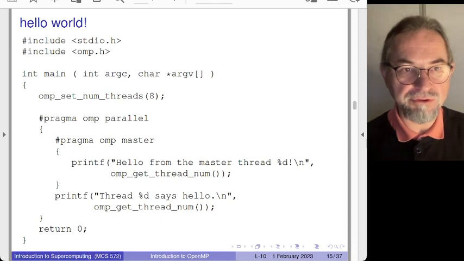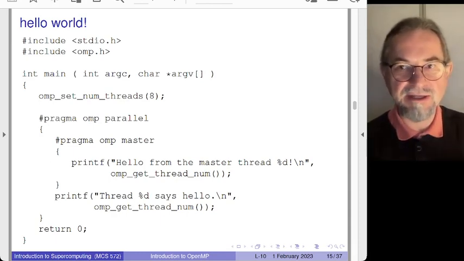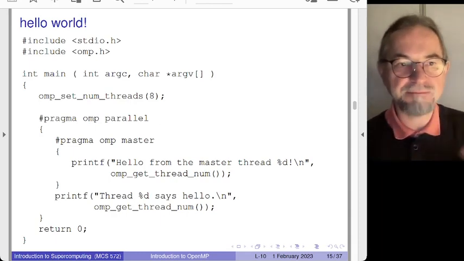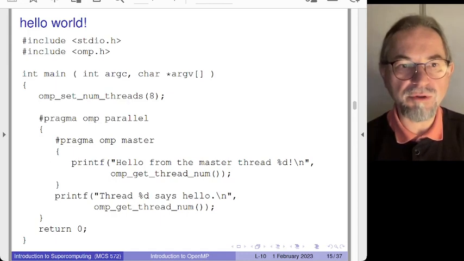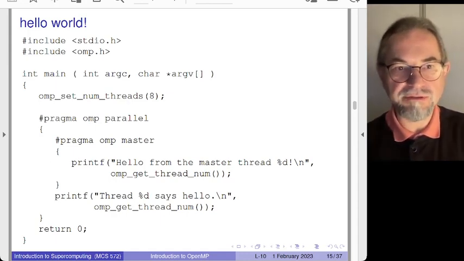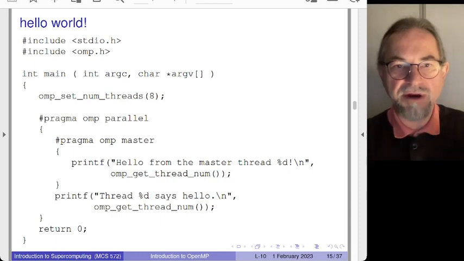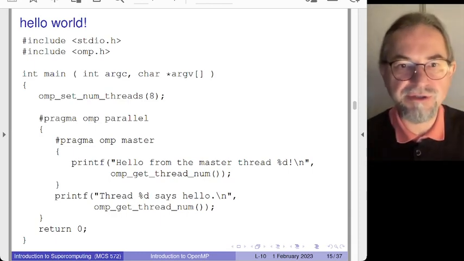C has a block structure. You have these curly braces that indicate one block of instructions. You have the main program that is one block, but then there are two sub-blocks. You have the master block, where the master thread, thread number 0, will say hello separately.